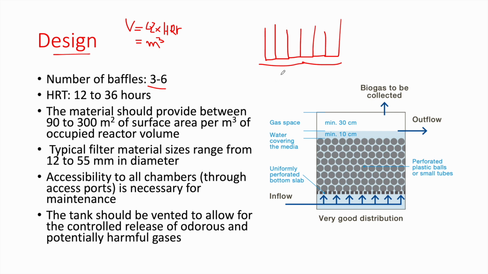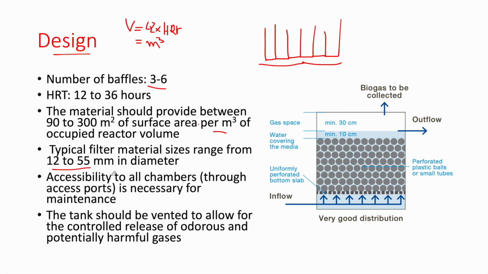The material that would be placed in these chambers should provide between 90 to 300 square meters of surface area per 1 cubic meter of occupied reactor volume. The typical filter size ranges from 12 to 55 millimeters.